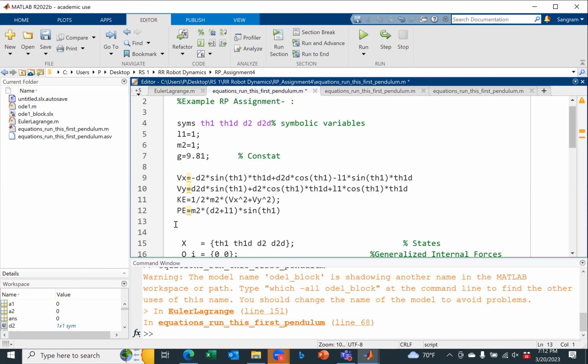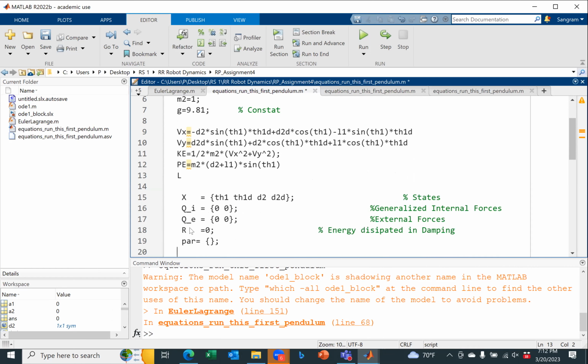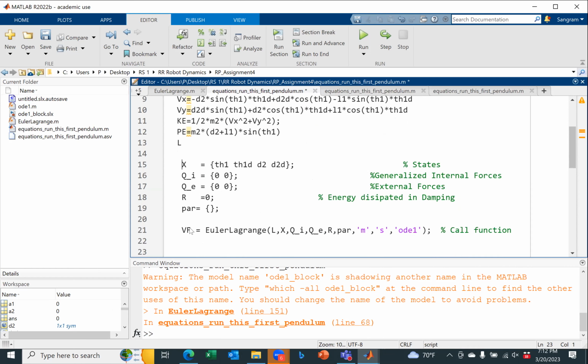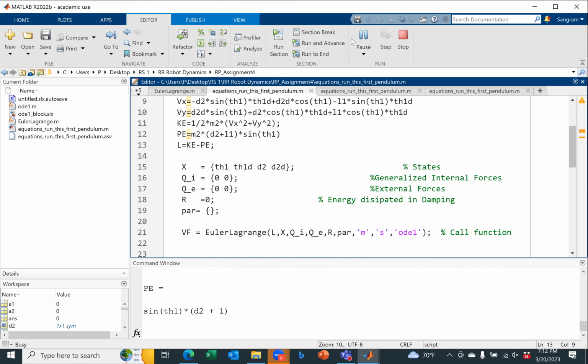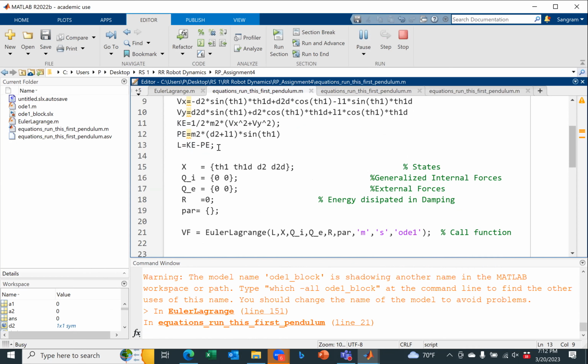But that's okay. Now I want you to look here, potential energy got this over here. So now I need to use the Lagrangian, which is equal to kinetic energy minus potential energy. And assuming I did everything correctly, or did I make a mistake?